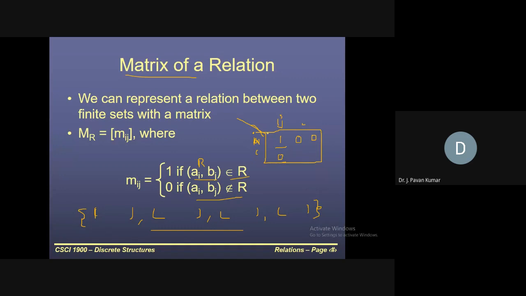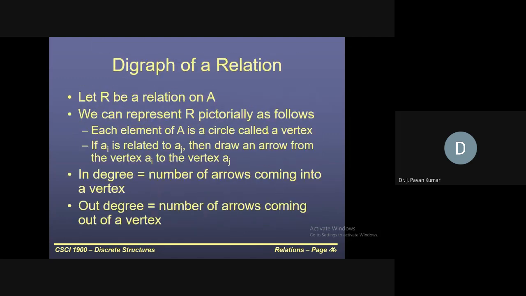Another important representation for the relation is a graph. Earlier we have seen graph basics in the initial classes, so 3-4 classes we have spent on that, so straight away I can show you with confidence that you know the graph concept. A directed graph also we have seen. In that, in degree and out degree also we have seen: the number of edges coming into a vertex is called in degree, and out degree is nothing but the number of edges coming out of a vertex.